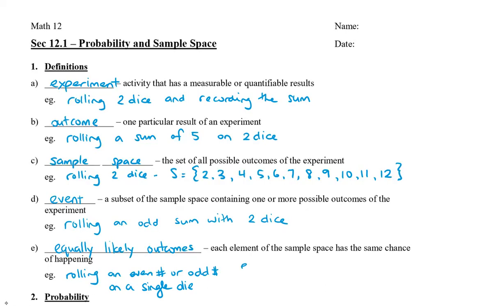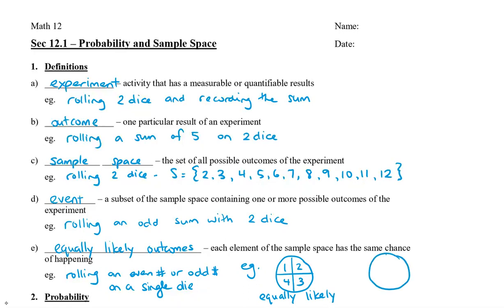Let me show you with a different example. So let's say we have a spinner, and let's say that all 4 of these spaces are the same size. Then we have an equal chance of getting each of those numbers. So this is equally likely.